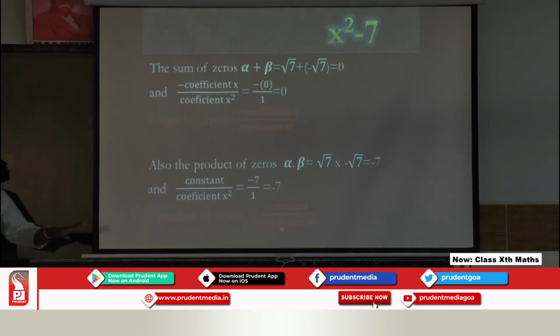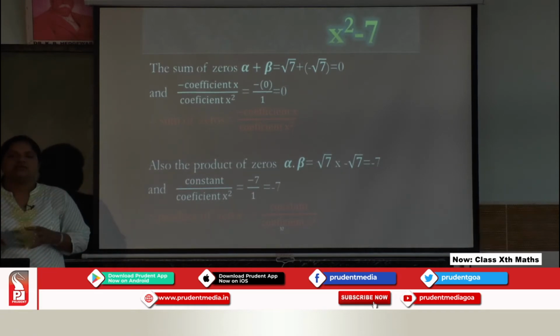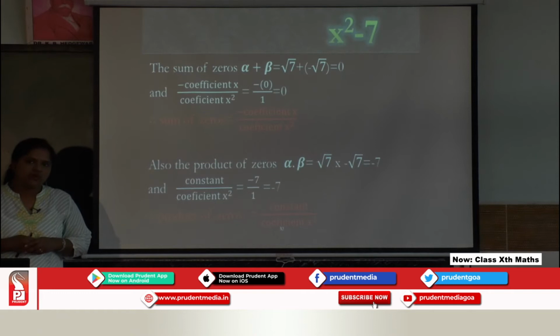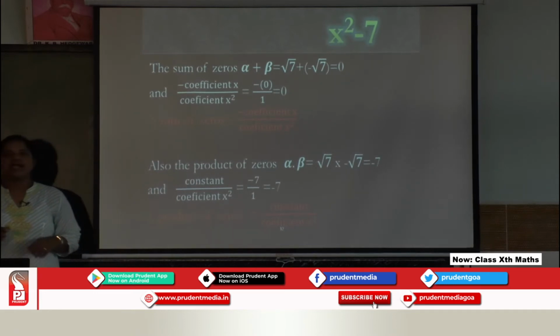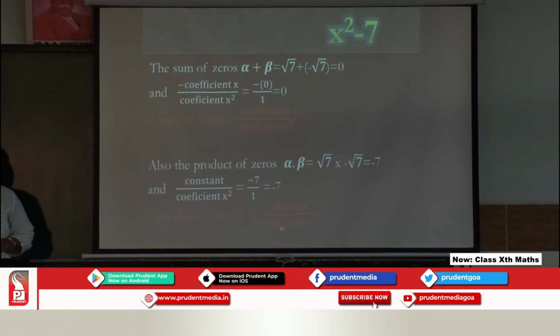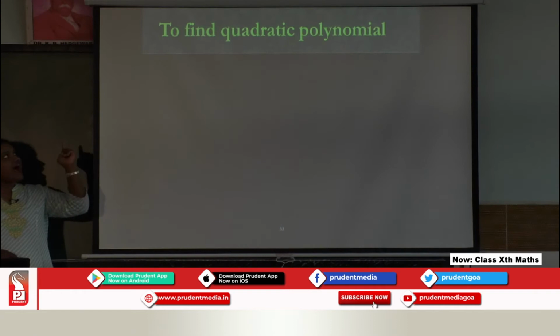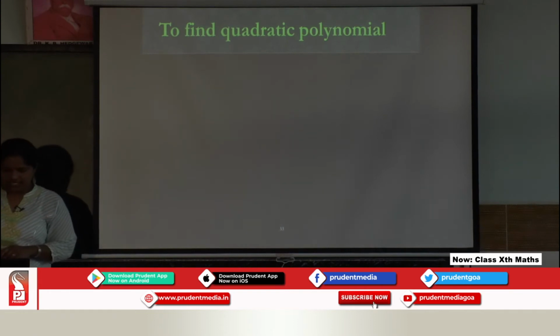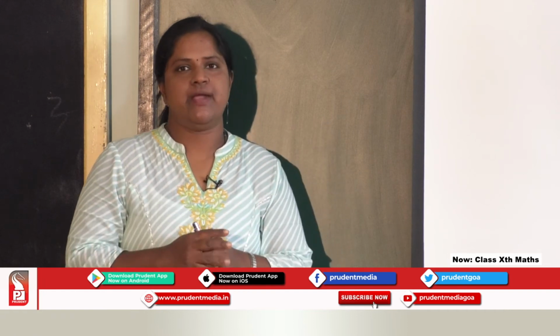So, in the verification part I have done 3 sums, one using 3 terms, the second one was again 3 terms with one term as negative, and in this one I have used only 2 terms, first and last one. Let us move on to the next subtopic, to find quadratic polynomial. Now, here we are supposed to frame the quadratic polynomial.